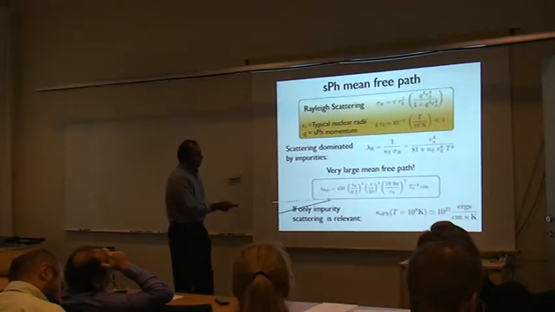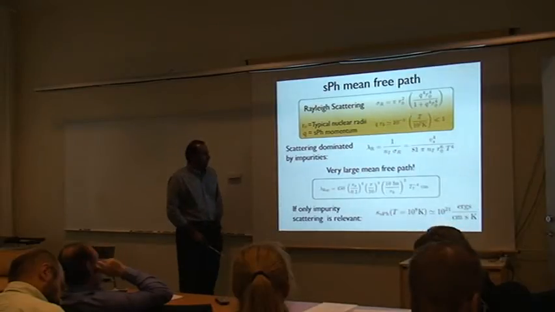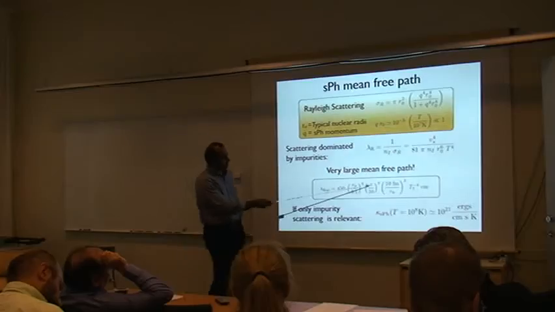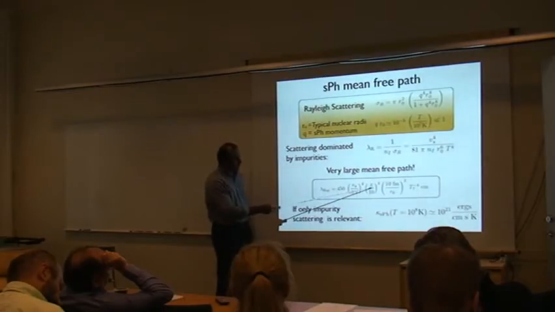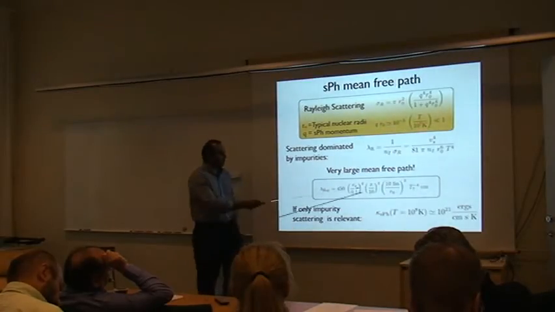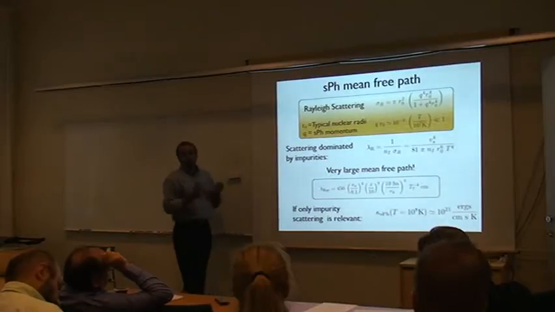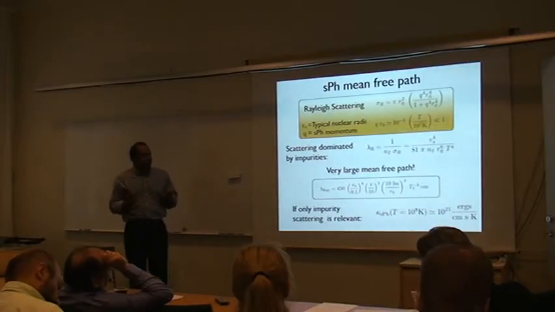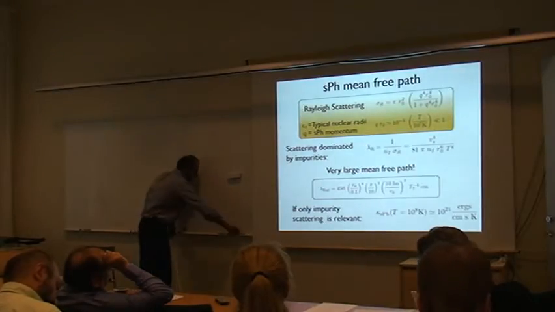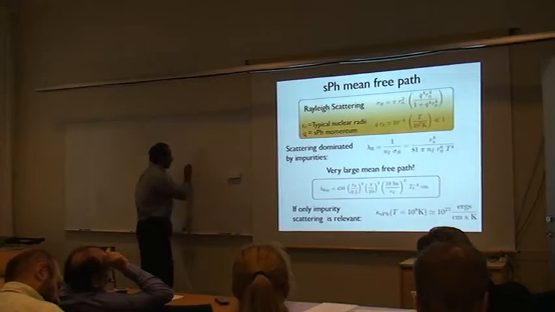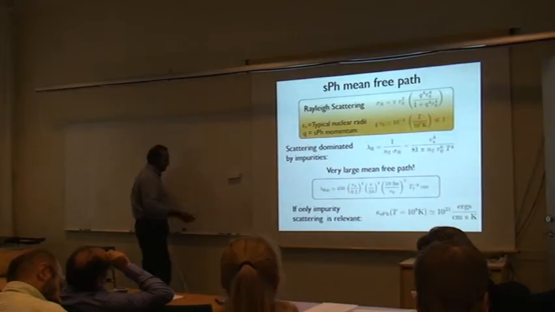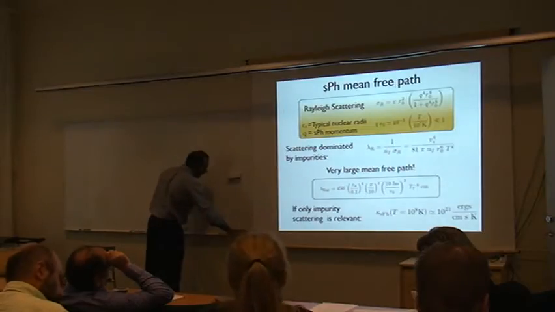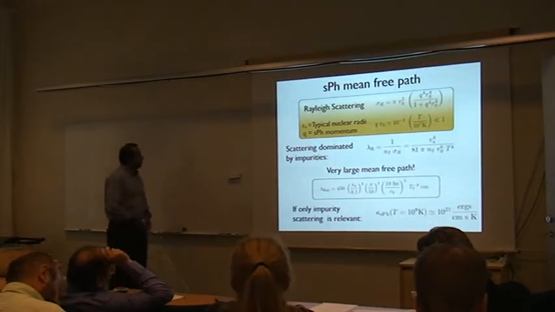So you put these numbers together, use some estimate for the impurity concentration, which is parameterized by this one fraction x. So x is the ratio of the distance between impurities to the distance between ions. So x is simply d over r. R is the distance between ions, and d is the distance between impurities.